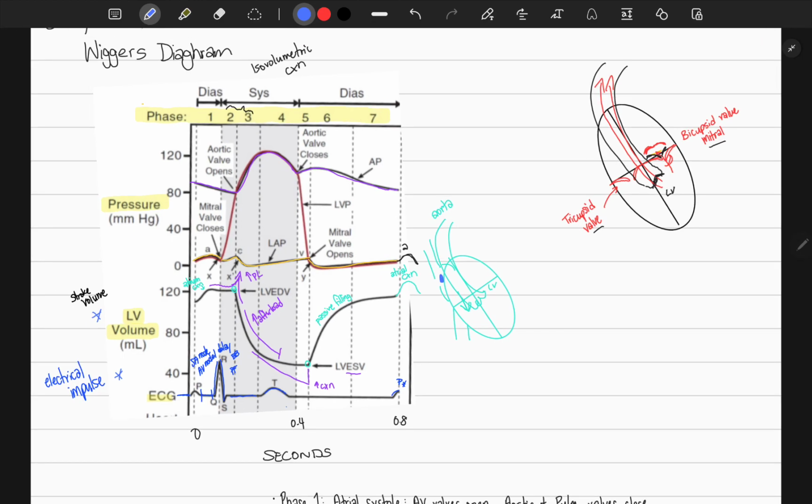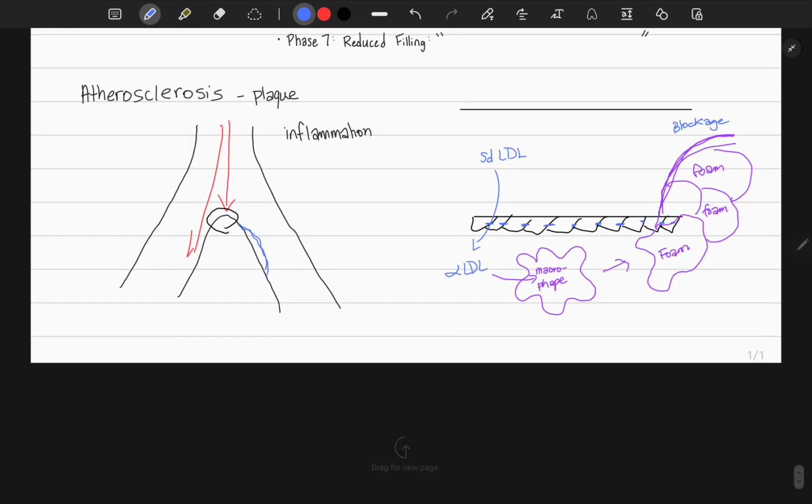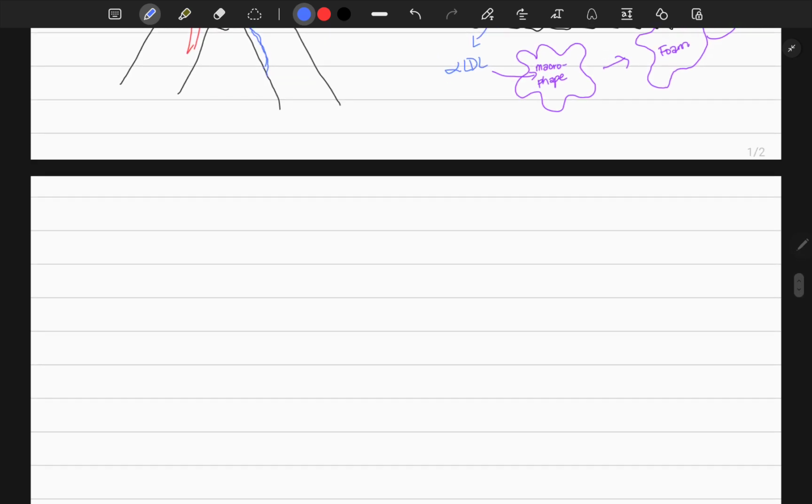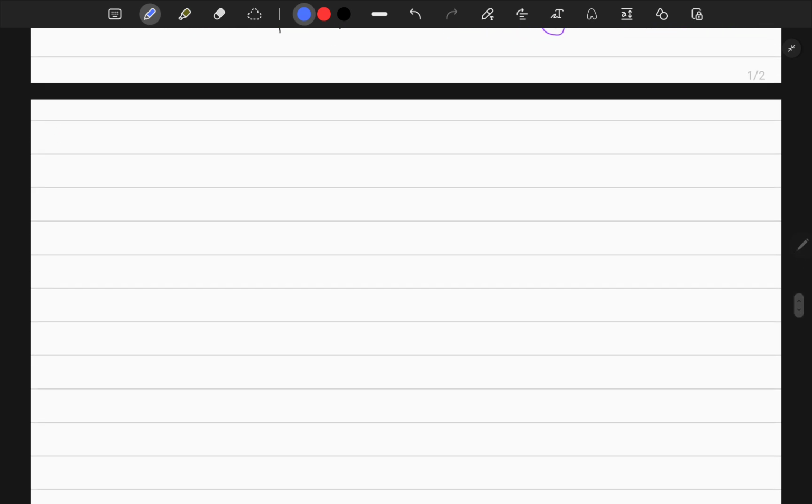There are pharmacology techniques that can be used to treat atherosclerosis. One includes ACE inhibitors. ACE stands for angiotensin converting enzyme.